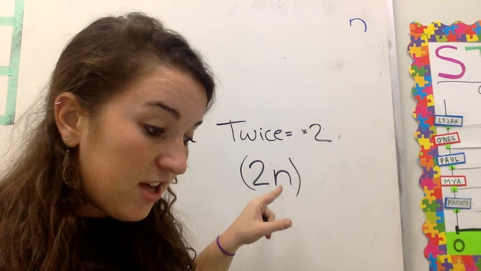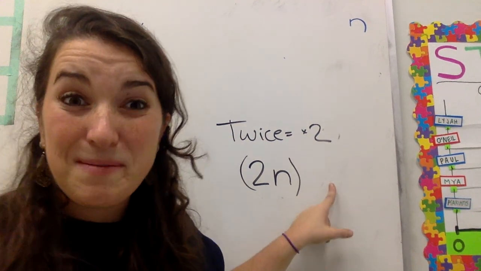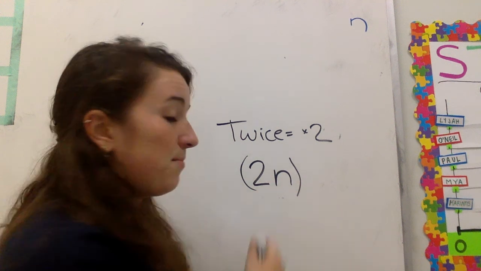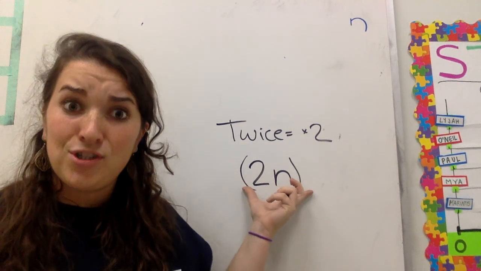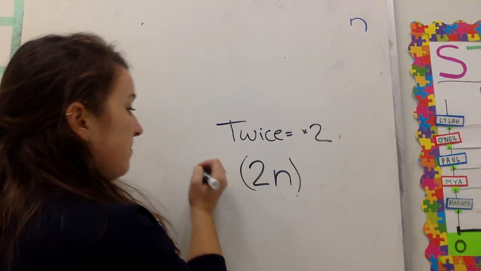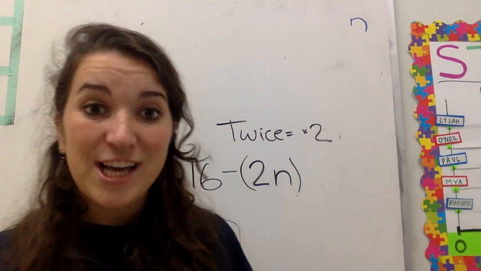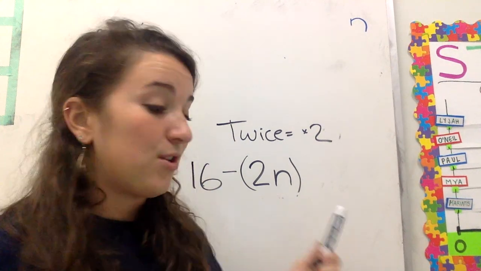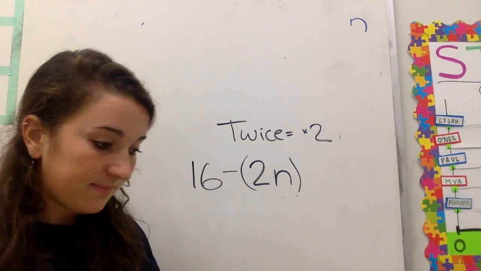Then it says subtracted from 16. This doesn't mean subtracted by. When it says subtracted by, you put it at the end, but subtracted from means that you're taking this 2n away from something else. So it would be 16 minus 2n, which is what we're looking to match. So the correct answer for this one was E.